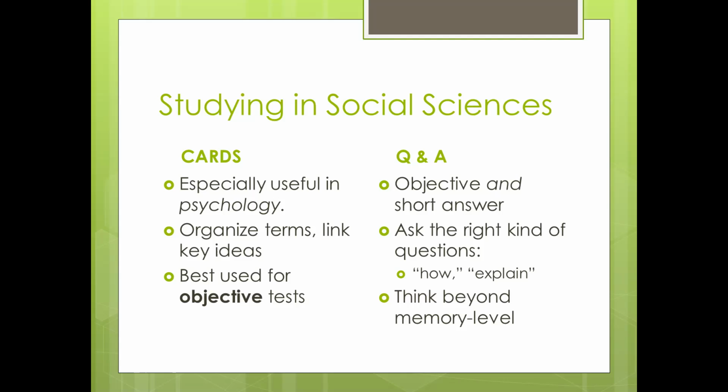Try to avoid what is or what is the definition of, as opposed to how do terms relate, or explain the theory relating to, or explain the theory of, etc. Try to go beyond simply memorizing material and synthesize the information that you're studying in order to be sure that you truly grasp it and understand it and can rely on your own words and expertise to establish your understanding.